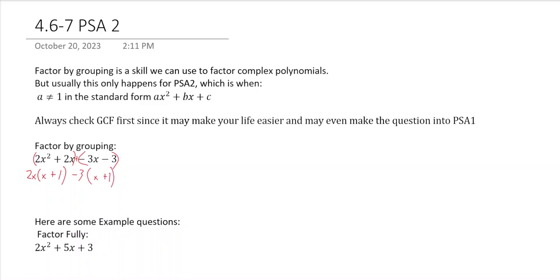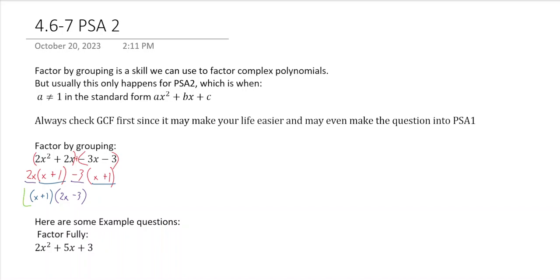Now that we have factored it like this, it is like two separate little GCFs. Now we can see that these two parts are the same, so we can write that down. Then we notice that we have this part left, so we're going to write this part down, which means that this is our final answer.